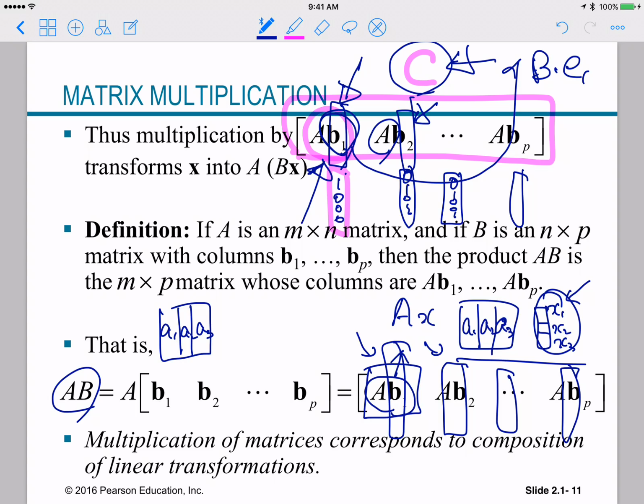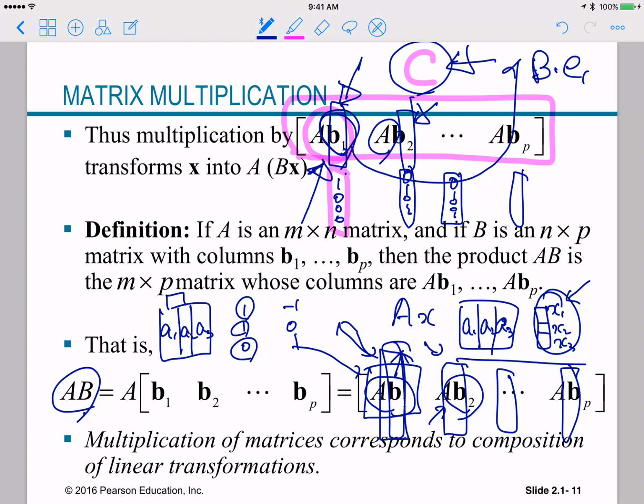Then B1 was 1, 1, 0. What is this? It will be the linear combination of A1 and A2 with the coefficients 1, 1, 0. And the second column in A times B, suppose B2 was minus 1, 0, 1.